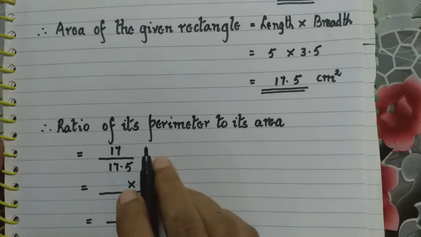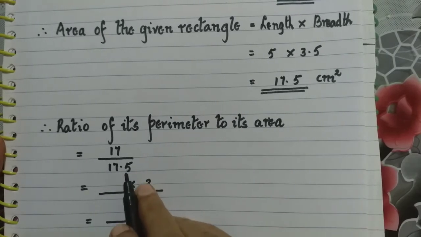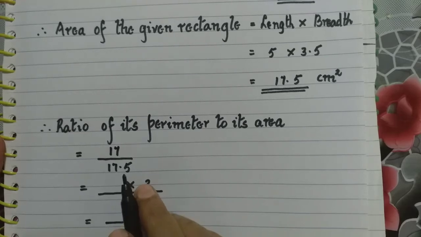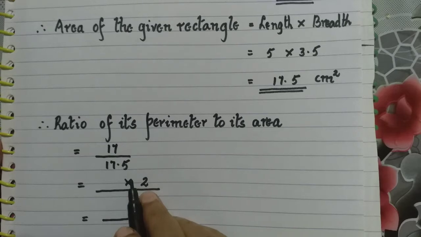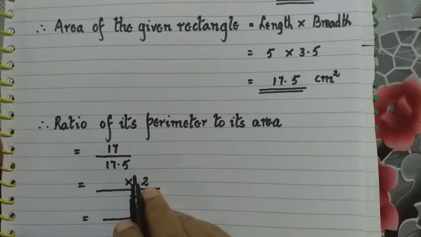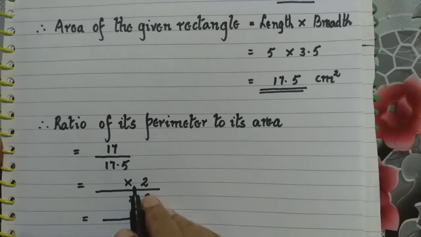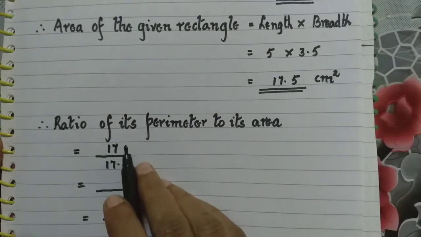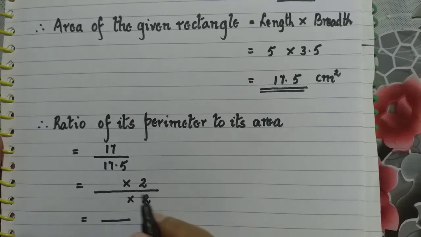Now if you look at this ratio, in the denominator we will see that there is a point, and usually we do not want a point among the two parts of a ratio, either the predecessor or the successor. So what will we do? We multiply both of them by 2 to eliminate the point.